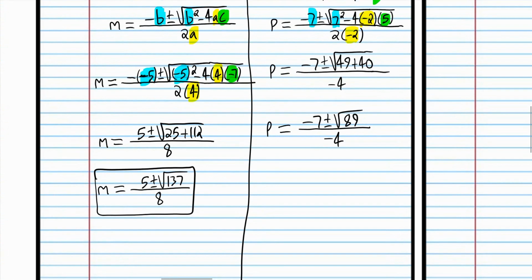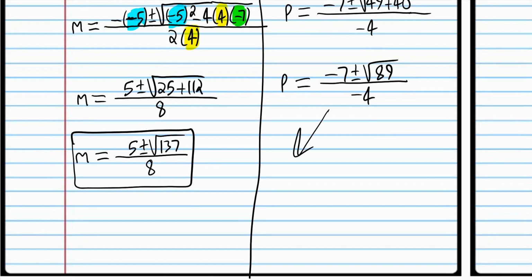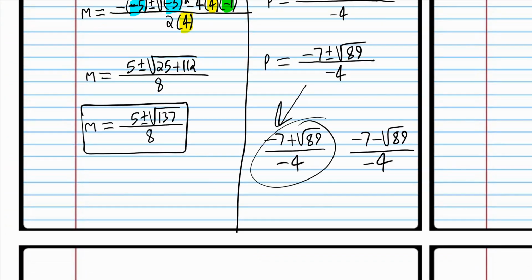Now, you can leave your answer like this if you want, that's okay, but just be aware that in textbooks you're going to see the answer written in a different way. So there's two solutions. There's negative 7 plus root 89 over negative 4, and there's negative 7 minus root 89. Now, if I multiply both sides of this fraction by negative 1, and multiply the denominator, we get positive 4.